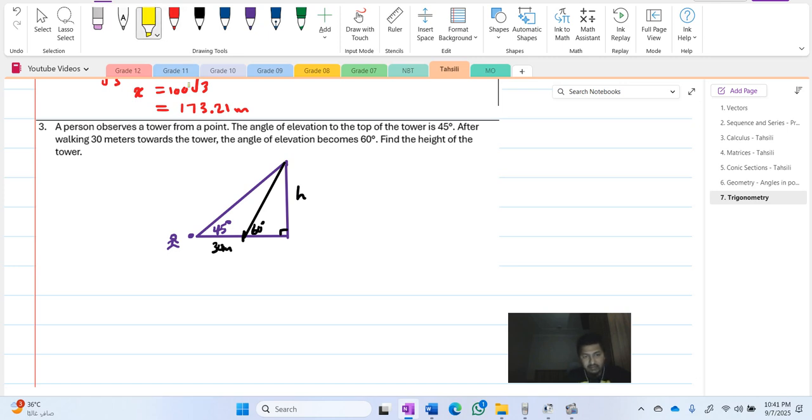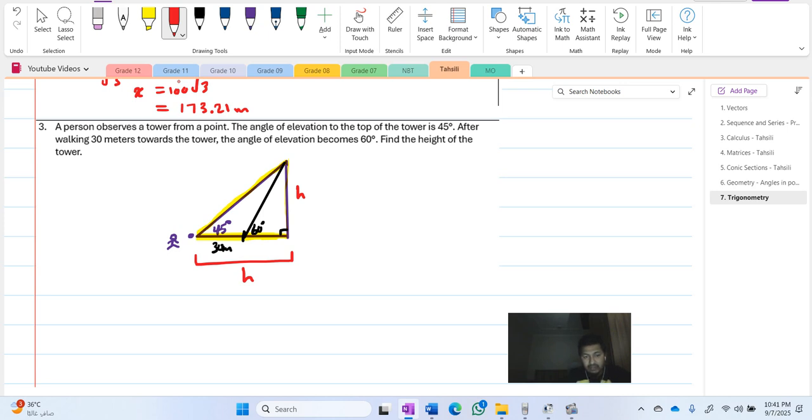Now in a 45-degree triangle, let's call this side h, because that's the height of the tower. In a 45-degree triangle we have adjacent sides equal, so this entire distance, the base, is also h.